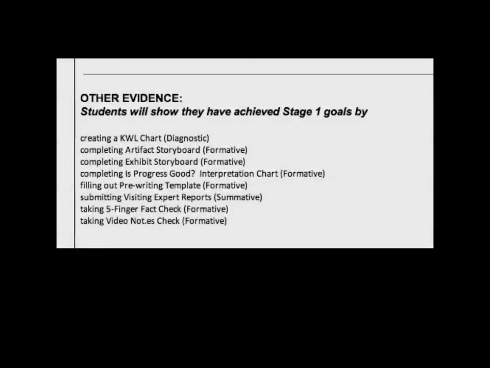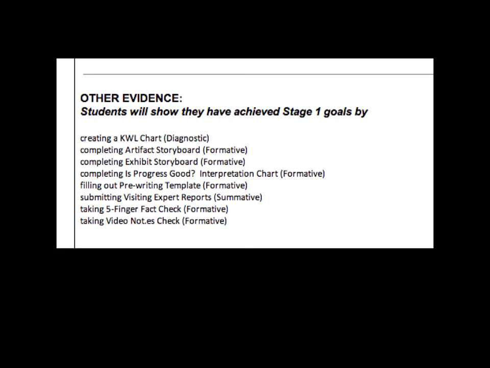In Sample W's Other Evidence entry, the assessments are clearly labeled with their function, from diagnostic, formative, to summative. While they aren't perfectly aligned from diagnostics to summative, see the last two, there is a logical sequence that certain steps in the process have to be done in a certain order.